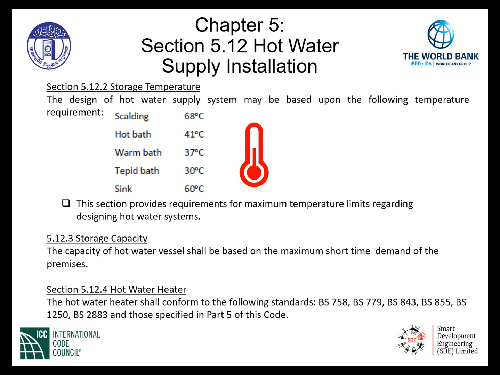A warm bath application would be 37 degrees Celsius. Tepid bath, 30 degrees Celsius. And a sink would be designed for a maximum of 60 degrees Celsius. This section does provide requirements for maximum temperature limits regarding designing hot water systems.